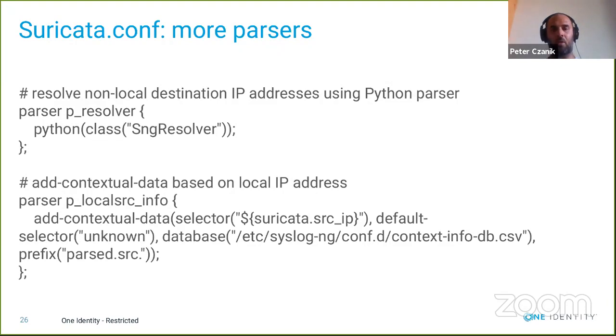We take the source IP address as a data selector, and based on that, we add some more information from an external CSV file. We use it on local IP addresses. It can be good, for example, to add a room number or rack number or administrator name, or whatever you want to add to speed up investigation.